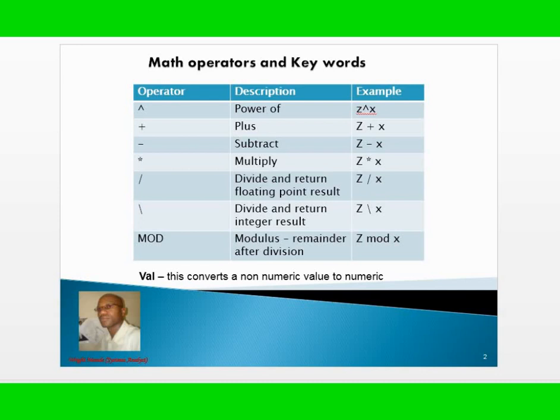Right. We also have a keyword that we are going to use, which is Val. Val converts a non-numeric value to numeric. So we are going to be working with an example where we are going to design a program, make all the necessary changes on the properties.